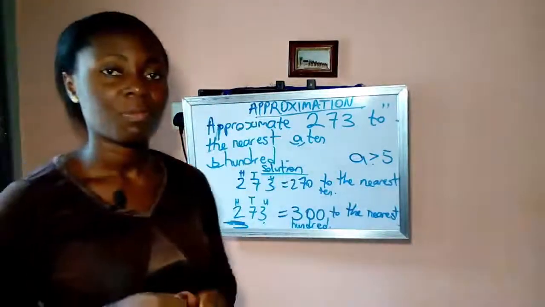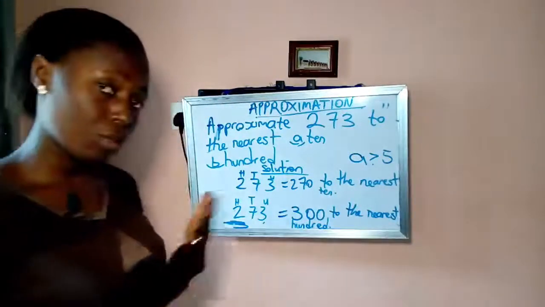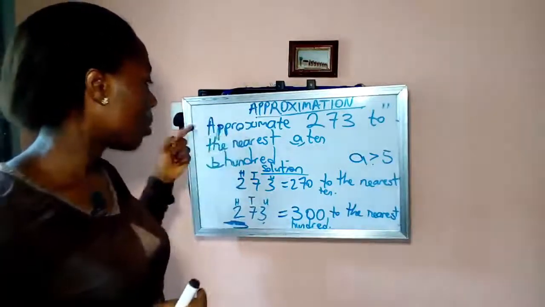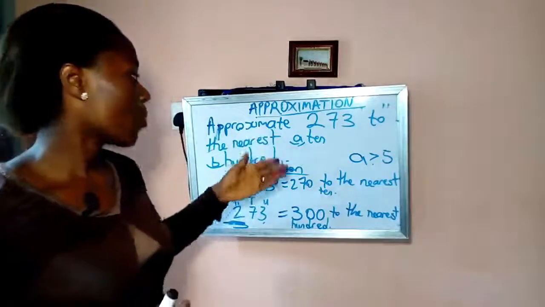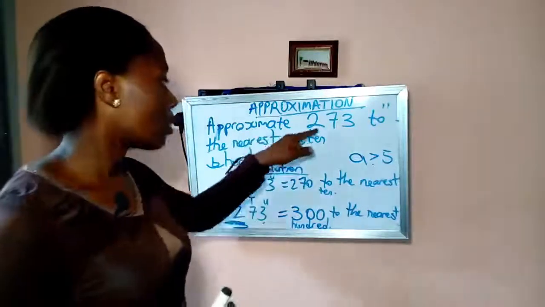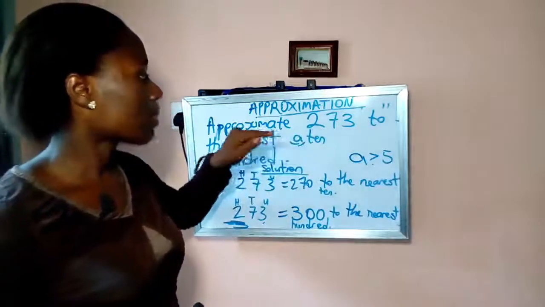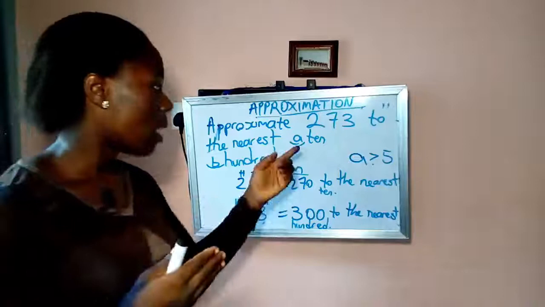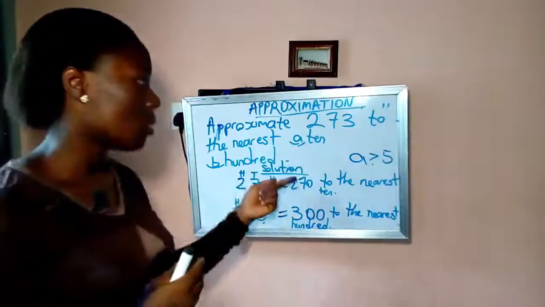That's all. Now, a little recap. When you are solving problems under approximation, always pay attention to your questions. This question says 273, approximate this number to the nearest 10 and the nearest 100.